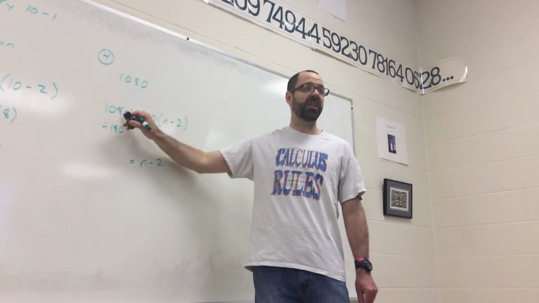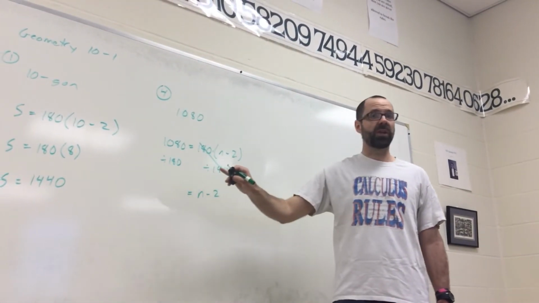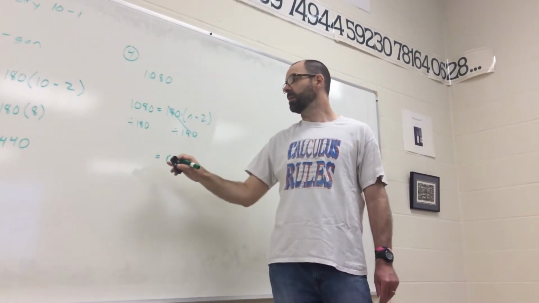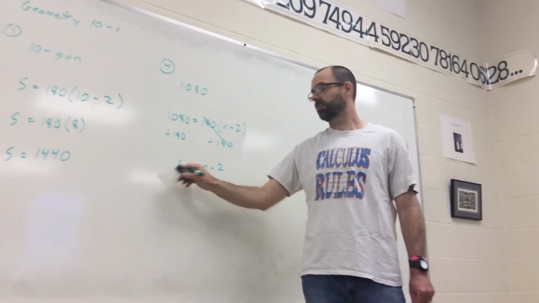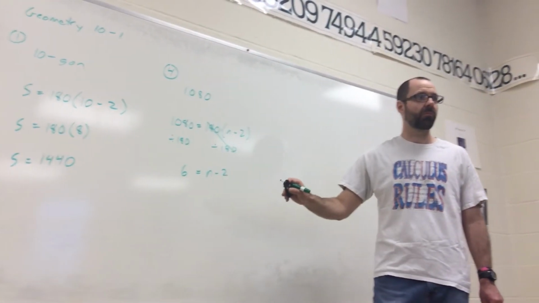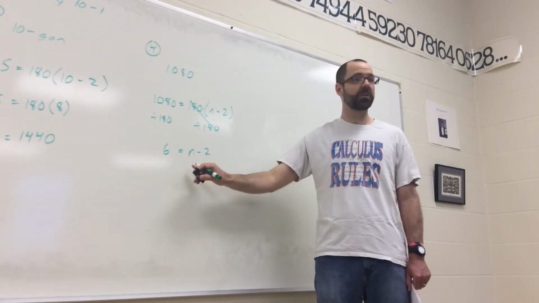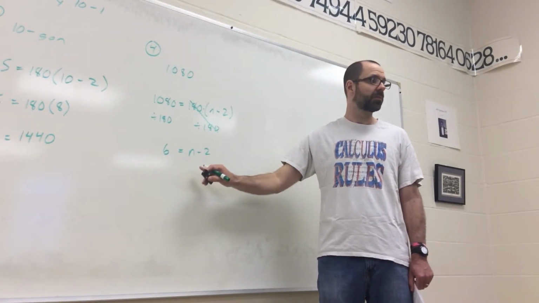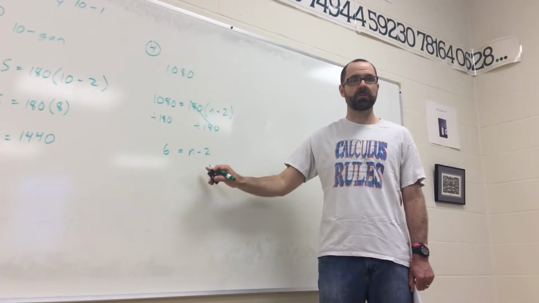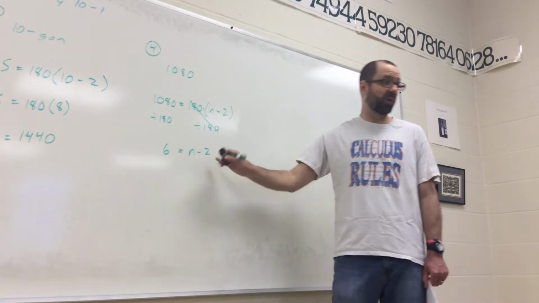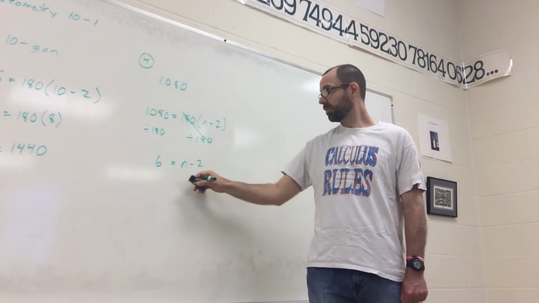So you take 1,080 divided by 180. I think that comes out to 6. Then what? Add 2, right? To get rid of minus 2, you just add 2.